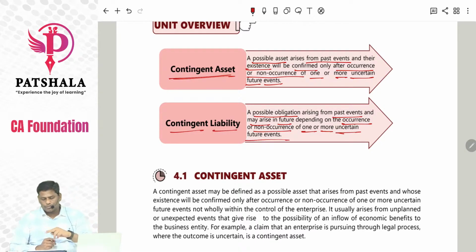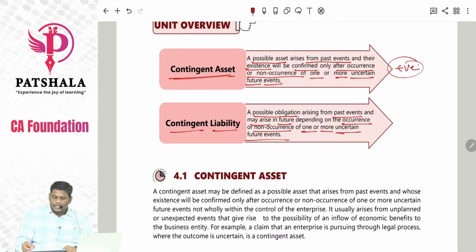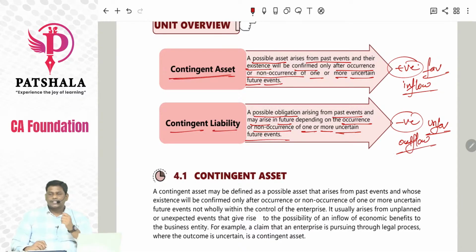So both, if you observe, are exactly the same. Simple logic is, if it is positive for me, it is an asset. If it is negative for me, it's a liability. Favorable for me is an asset. Unfavorable for me is a liability. Where there is an inflow of economic benefits, it is an asset. Where there is an outflow of economic benefits, it's a liability. Clear? Write down some quick notes.